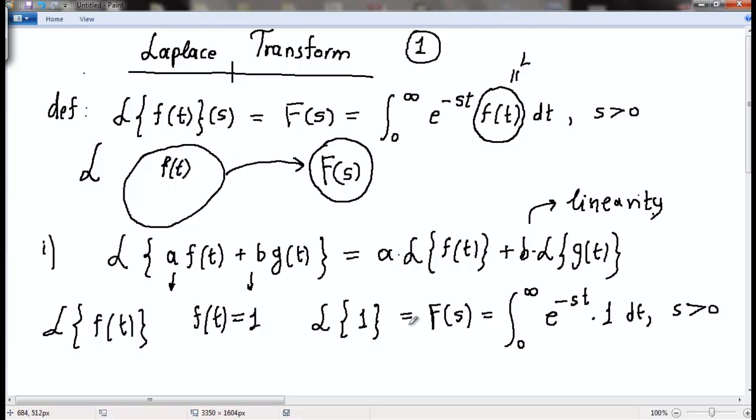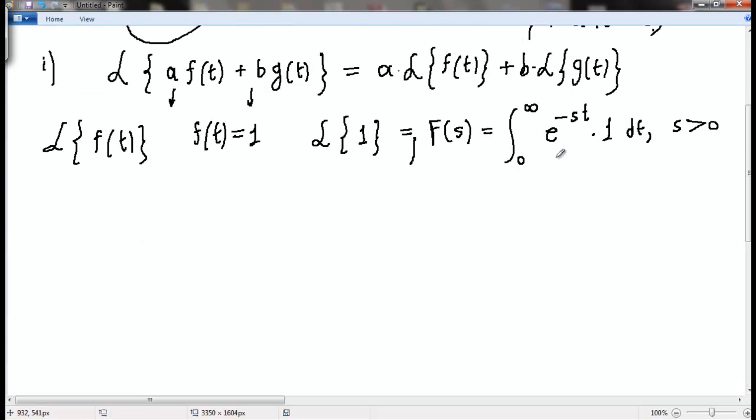Of course, as you see, the only thing I have to do here is to calculate this integral. Let's calculate the integral from 0 to infinity of e to the minus st dt.